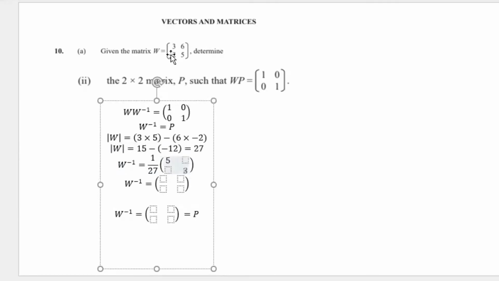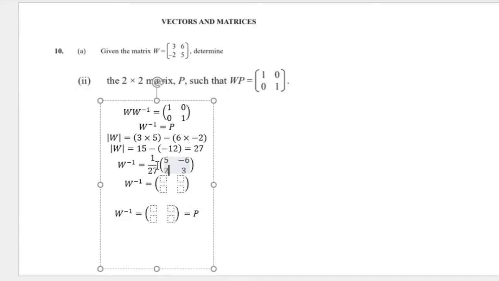And then the sign on the second diagonal basically changes. So if it was positive, it becomes negative, and if it was negative, it becomes positive. So therefore, this 6, which was positive, becomes a negative 6, and this 2, which was negative, becomes a positive 2. And now basically that is the inverse, and from here on we're just simplifying.